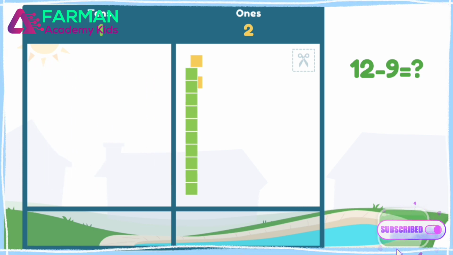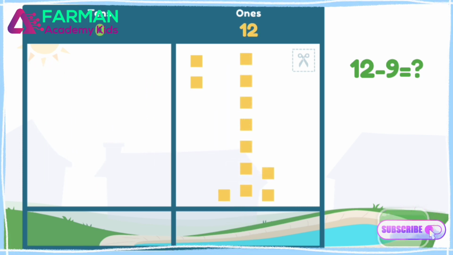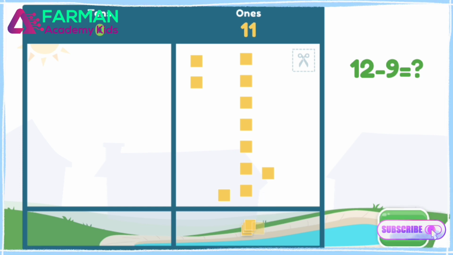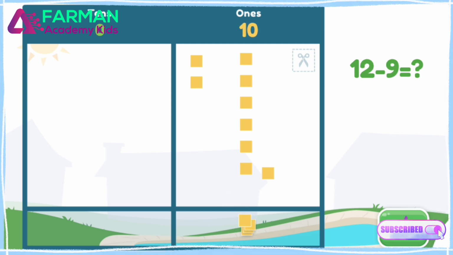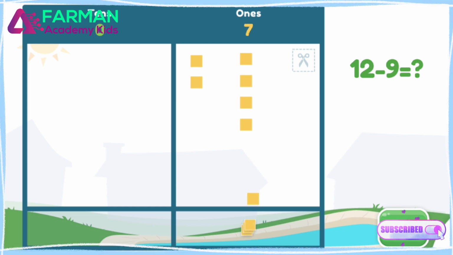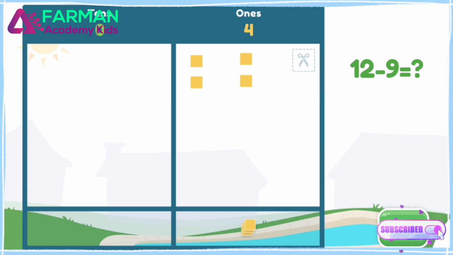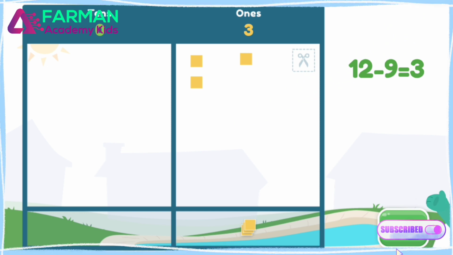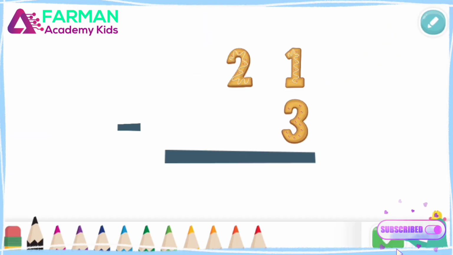One rod is made up of 10 blocks. Good thinking! Start with the ones place. Remember, you can borrow a 10 from the tens place if you need to. Press the green button when you're done.